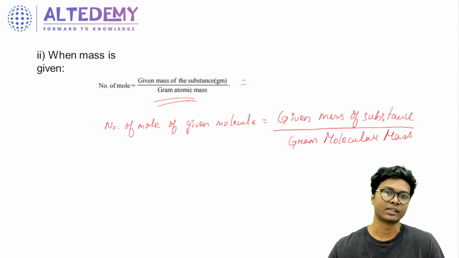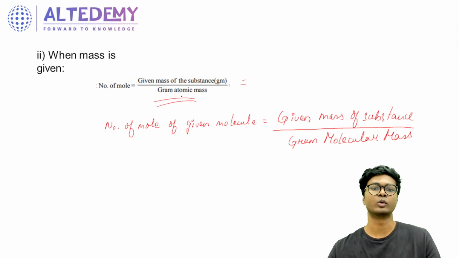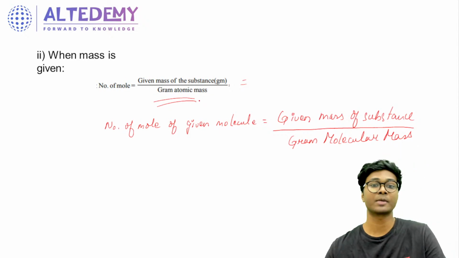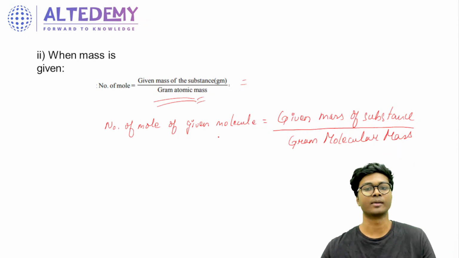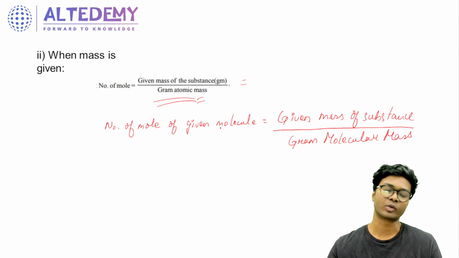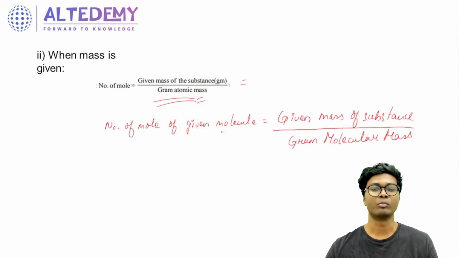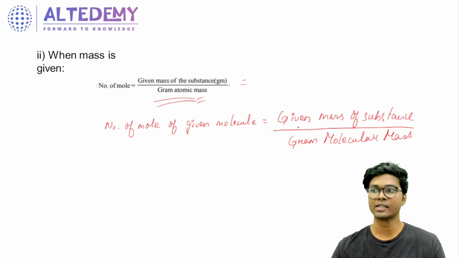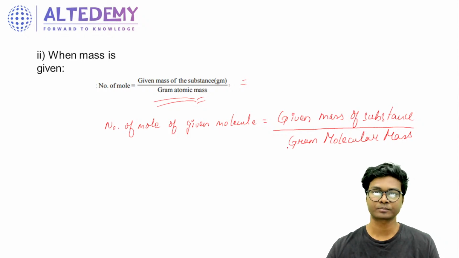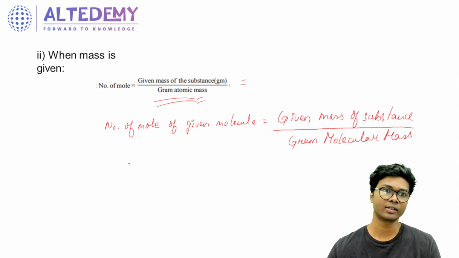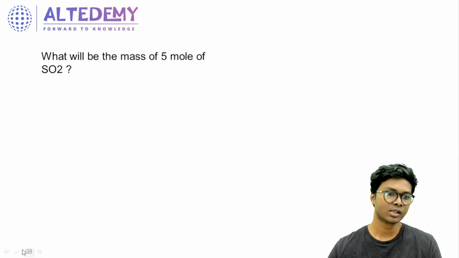Okay, for atomic mass, you'll have to divide the given mass by the atomic mass. And if the question is asking you to find the number of moles of a molecule, then you will divide the given mass of substance by the gram molecular mass. So let's understand this with the help of a question.